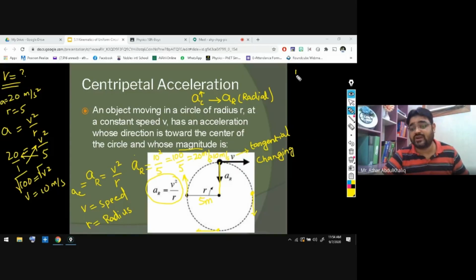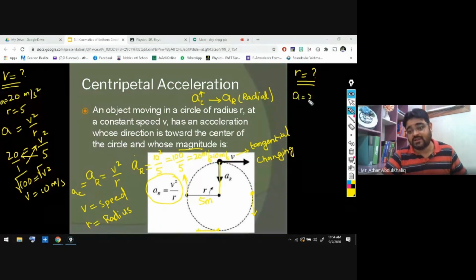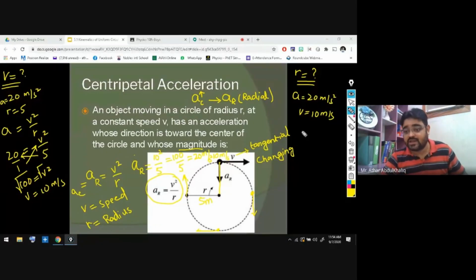Keep in mind there are three things: a, v and r. They will provide you two and ask for one. If they are asking for r, for example, a is again 20 meters per square second and v is 10 meters per second, you again use the same relation: a equals v squared over r.